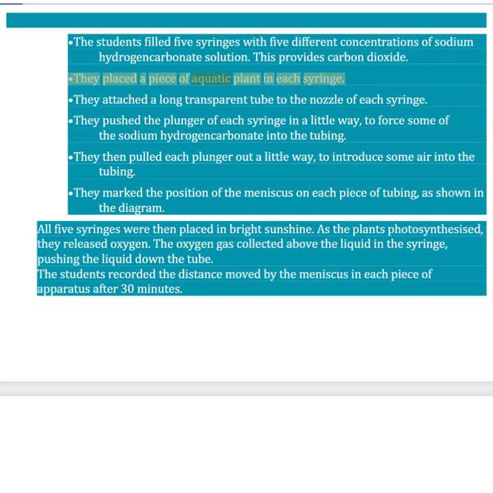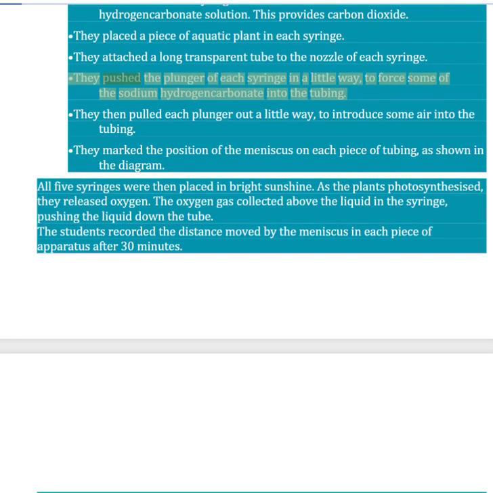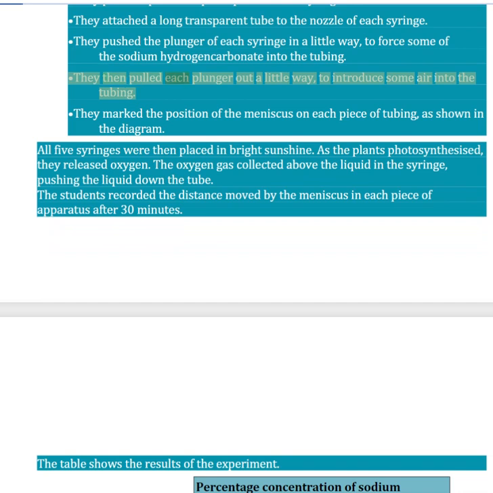They placed a piece of aquatic plant in each syringe. They attached a long transparent tube to the nozzle of each syringe. They pushed the plunger of each syringe in a little way to force some of the sodium hydrogen carbonate into the tubing. They then pulled each plunger out a little way to introduce some air into the tubing.